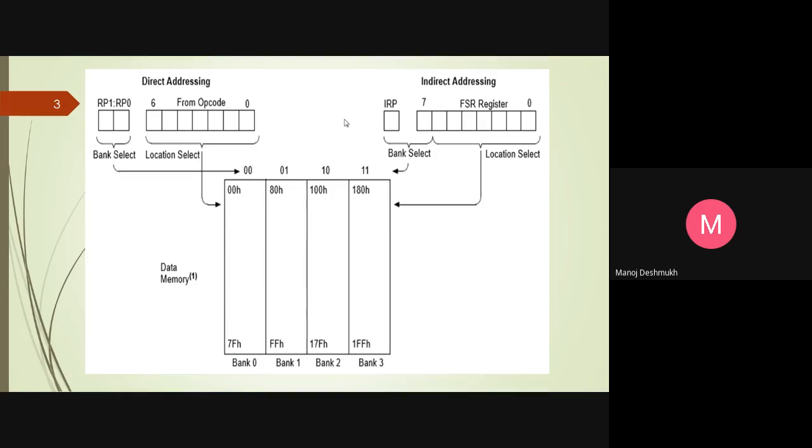Okay, see, when we go for any method, either direct or indirect, you have to first select your addressing method, that is address accessing method, by activating bits in the status register, either the IRP or the RP bits.